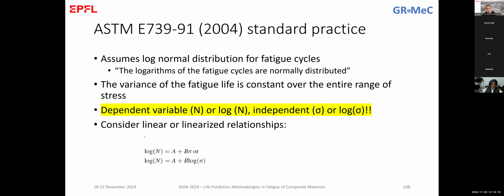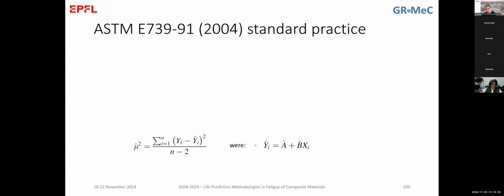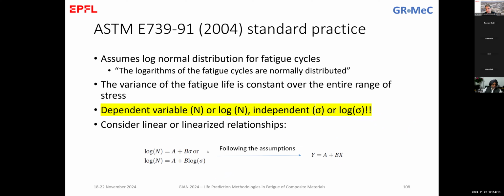So if you do this, you have the linear or linearized relationship following the assumptions of the ASTM standard. If the assumptions are validated, then you can show them in this format, where y is the logarithm of the number of cycles, and A and B are the parameters that need to be estimated.